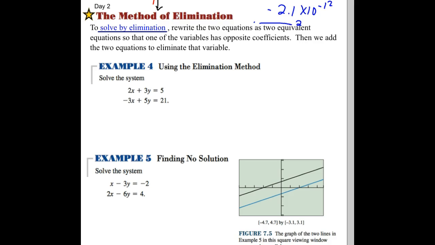All right, so what do we have to multiply the first equation by? Okay, so if we multiply by a 3, we've made that into a 6x. That means in the next equation, we need a negative 6x. So we're going to multiply by a 2.